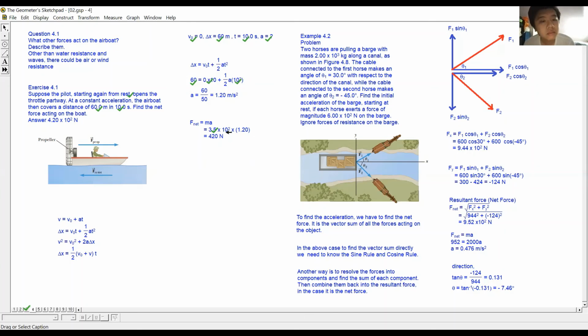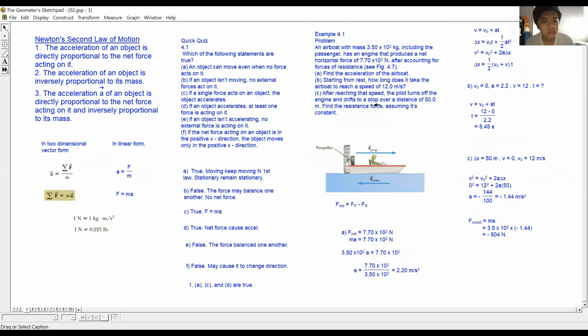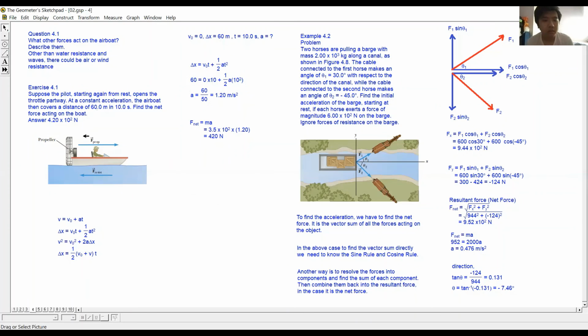Acceleration times the mass will give us the net force. So you can see that the first question, they show you, and the second question, they ask you to try.